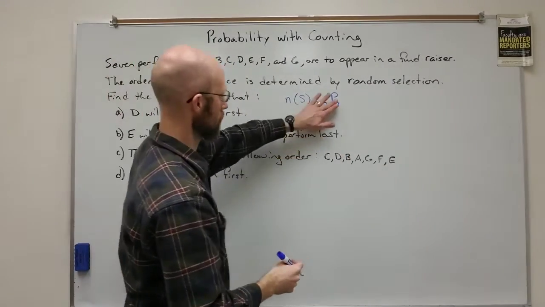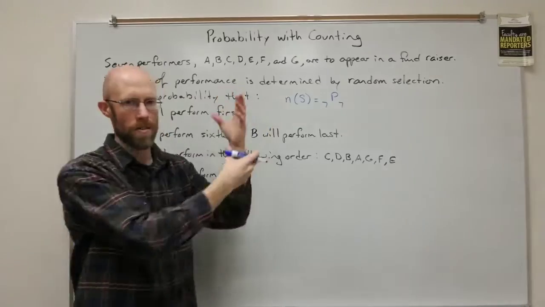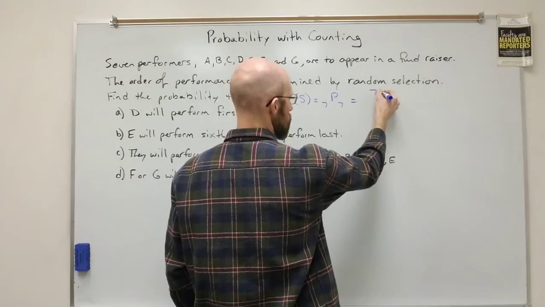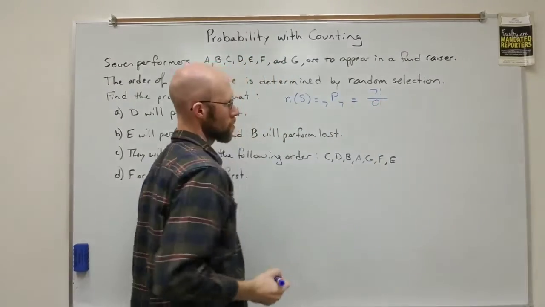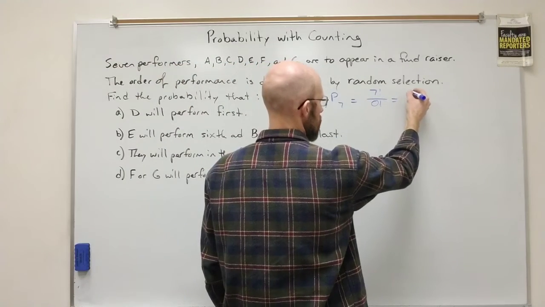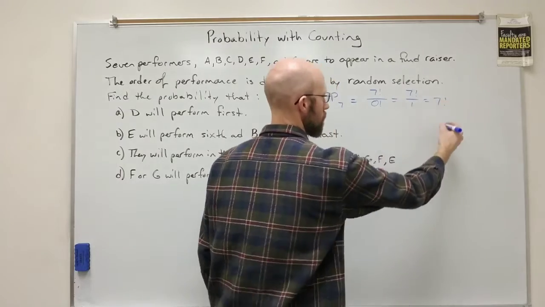So we're selecting all 7 of these to permute. We're not taking 4 out of the 7 or anything like that. We're taking all of them. And so that's going to be 7 factorial over the difference between those factorial, which is 0. And of course, that's 7 factorial over 1, which is just 7 factorial.